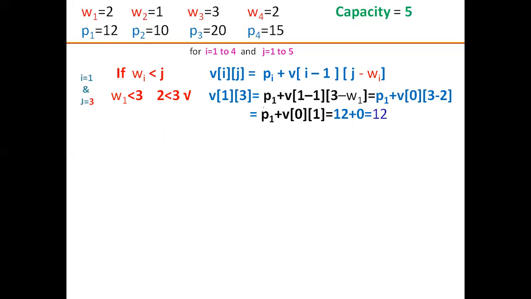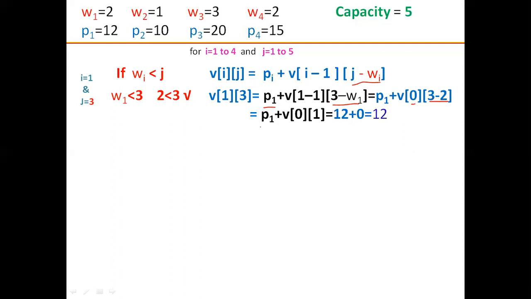If W1 is added, I'll be getting the profit P1. But still, some capacity is left. How much capacity is left? j minus Wi, that is capacity 3 minus W1, which is 2 minus... capacity 3 minus W1 is 1. So the previous row column is j minus Wi, 3 minus 2.